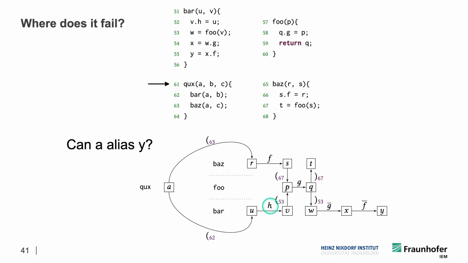Because here we are actually writing to H and we are loading from G. So there's a mismatch. But again, this doesn't matter because here we are only considering the call PDS. So basically the field PDS is happy along the top path and the call PDS is happy along the bottom path. And because we only combine their results at the very end, we lose some precision here, right?